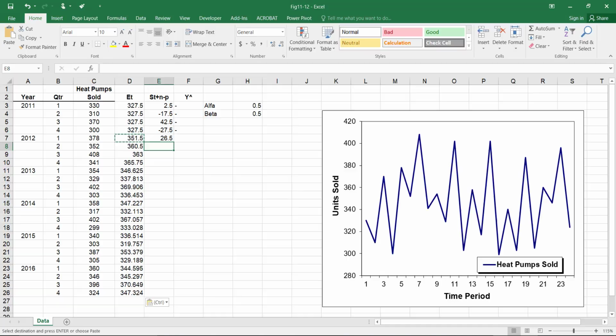So beta times yt minus et, plus 1 minus beta times st-p, which is this value.